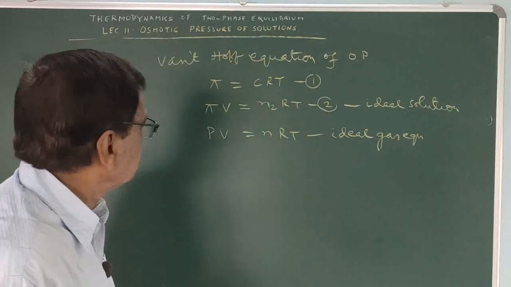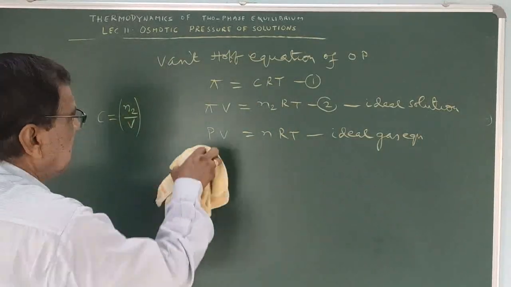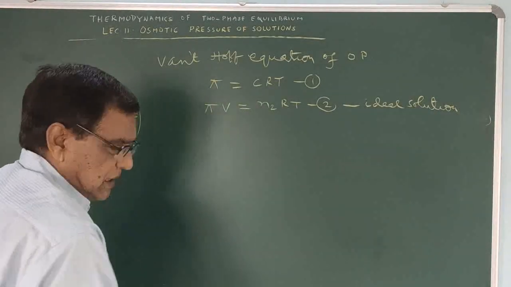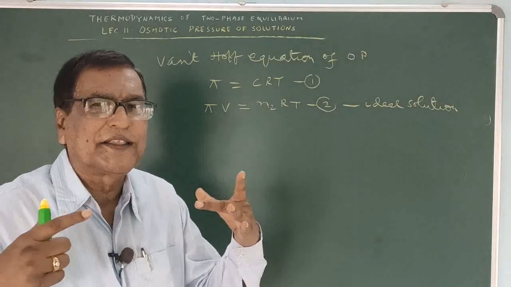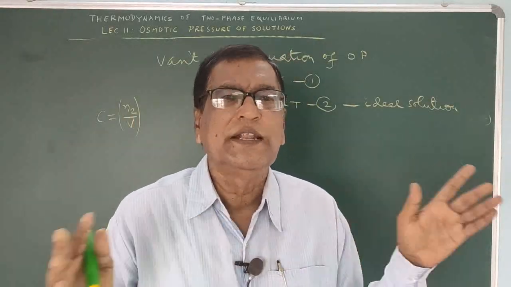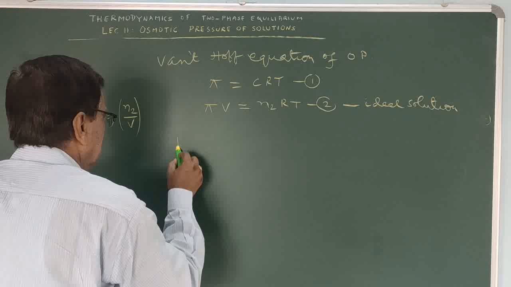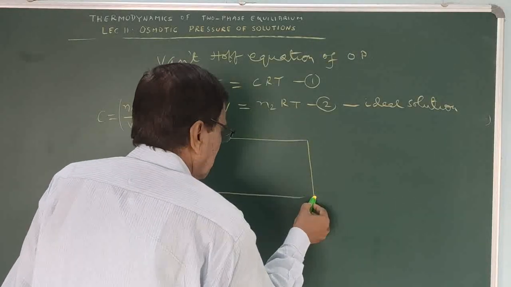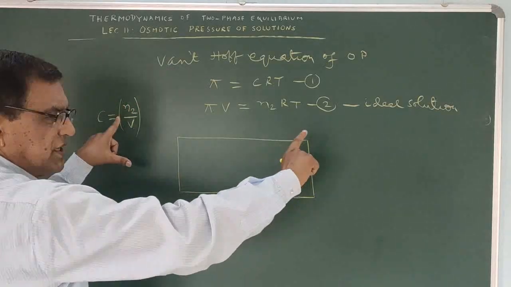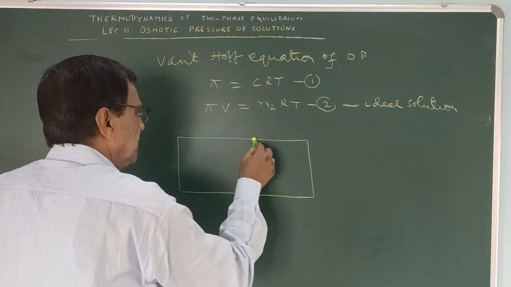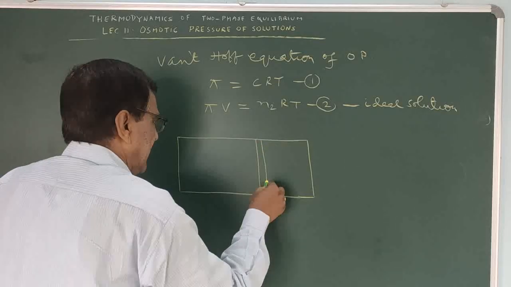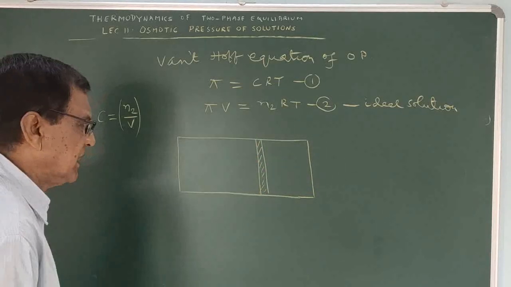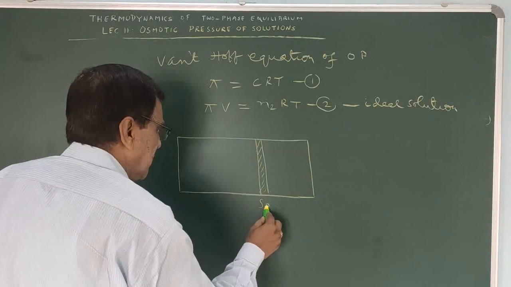And I can show another very important similarity. Suppose one cylinder is taken, placed horizontally, fitted with a piston, and the piston is movable horizontally, and the piston is a semi-permeable membrane.